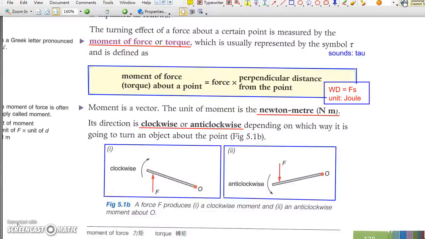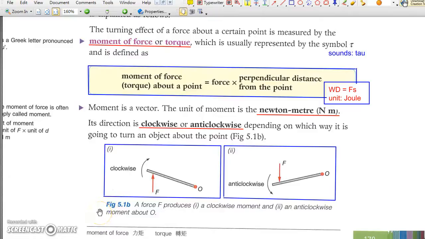The turning effect is measured by the moment of force, or torque, which is the product of applied force and the perpendicular distance from the point of rotation. It is a vector with direction either clockwise or anti-clockwise, as shown in figure 5.1b below.